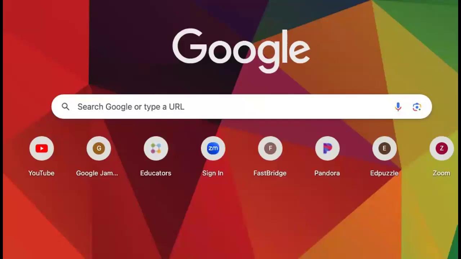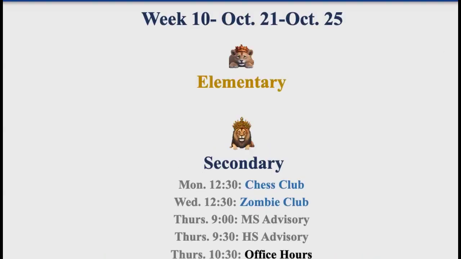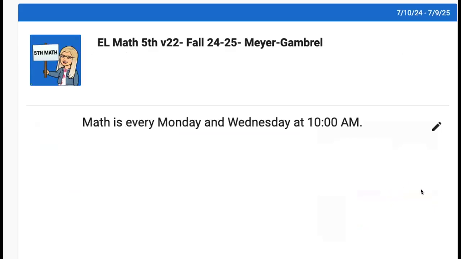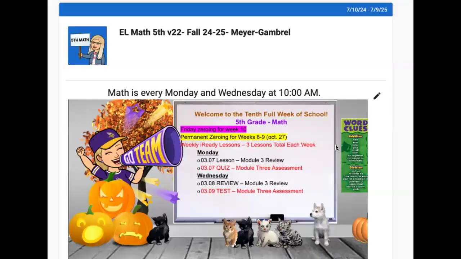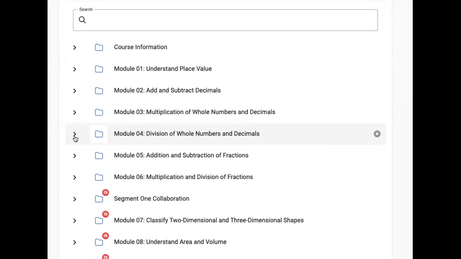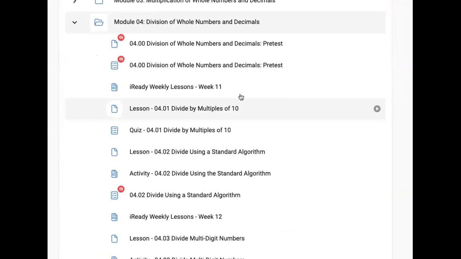So when I pop in to 5th grade math today and we look at our assignment, I know that we are going into lesson 401, talking about division of whole numbers and decimals. So remember, you have 3 iReady lessons this week. So make sure we're doing our 3 lessons.